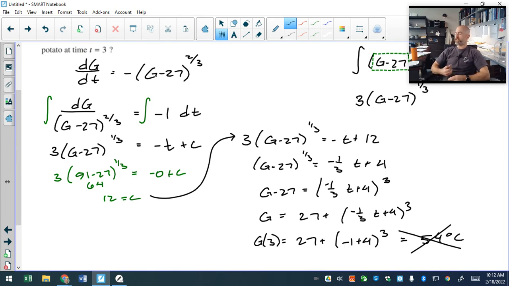Why in the world would I scratch that out? I don't need it. I know that I can get full credit with 27 plus -1 plus 4 cubed. And if I accidentally wrote 56, if I miscalculated that while I was checking myself, it would have counted against me.